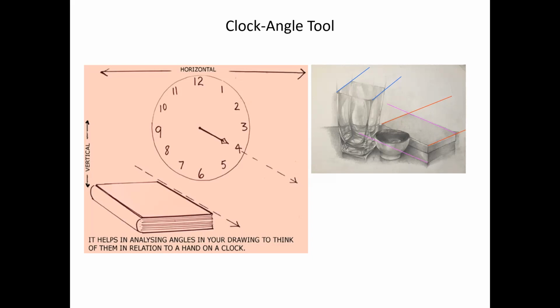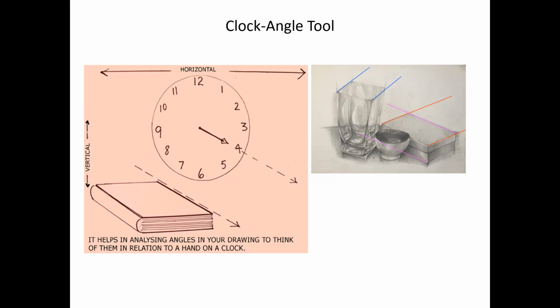So one way that we can get an accurate depiction of the angles in our still lifes is using what we call the clock angle tool. Now, I know a lot of us don't really use these types of clocks anymore. Most of us are used to the digital clock on our phone, but hopefully you're familiar with this type of clock. So we can hold our pencil up in front of us and tilt our pencil to the angle of the object that we're drawing.